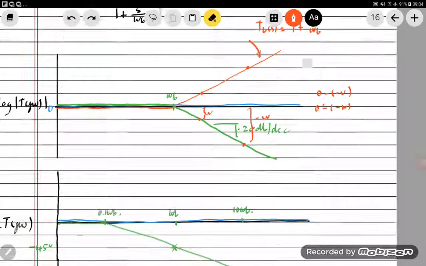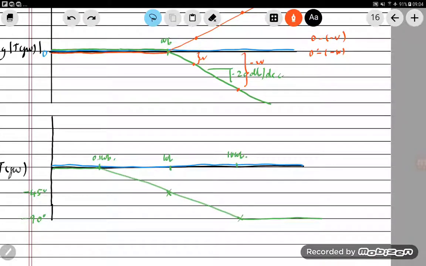For the phase, we can see that both of them are 0 here up till a tenth of the break frequency. Then at the break frequency, let's call this value v, then for the blue it's 0 minus -v, so it becomes a positive. And at 10 times the break frequency, that's 0 for the blue, and let's call this -w, so it becomes a positive w.